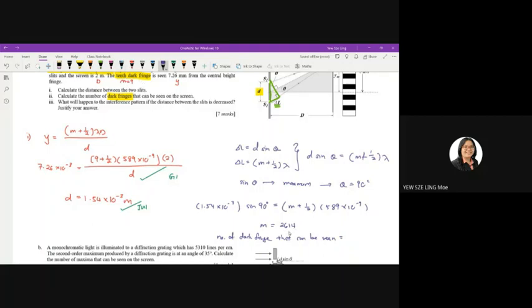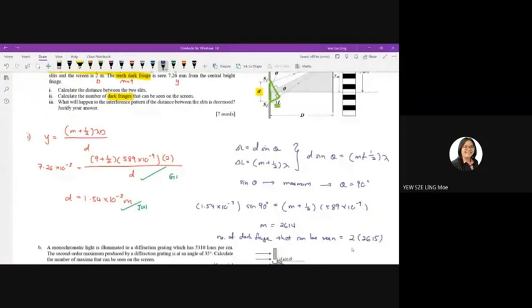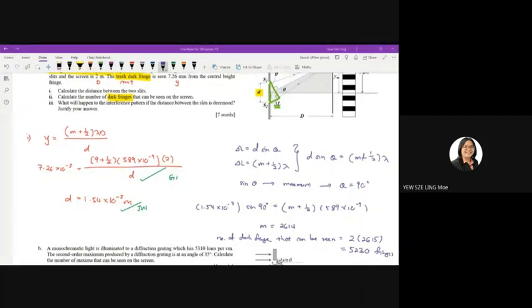So 2614 order is 2615 fringes. So 2 times 2615, because you have two sides, one below the central fringe and one above the central fringe. In this case, the number of fringes that can be seen is 5230 fringes. That is your answer.